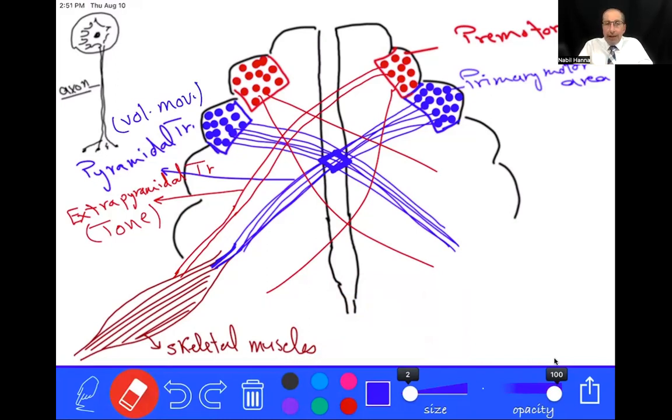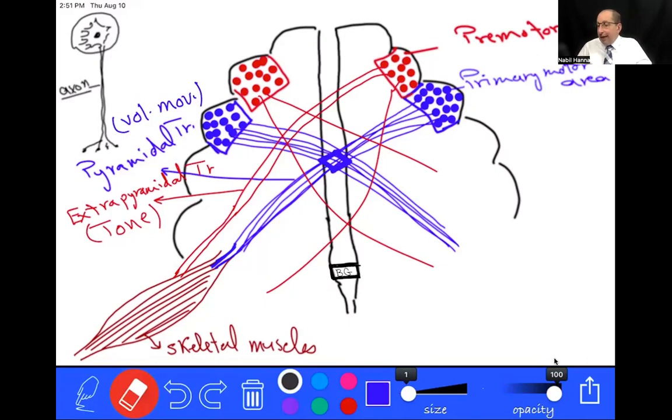Whereas the premotor area, which is the center of the extrapyramidal system, is controlled by a group of nerve cells in the brain stem. This group of nerve cells is known as the basal ganglia. So we have here, in the brain stem, the basal ganglia.